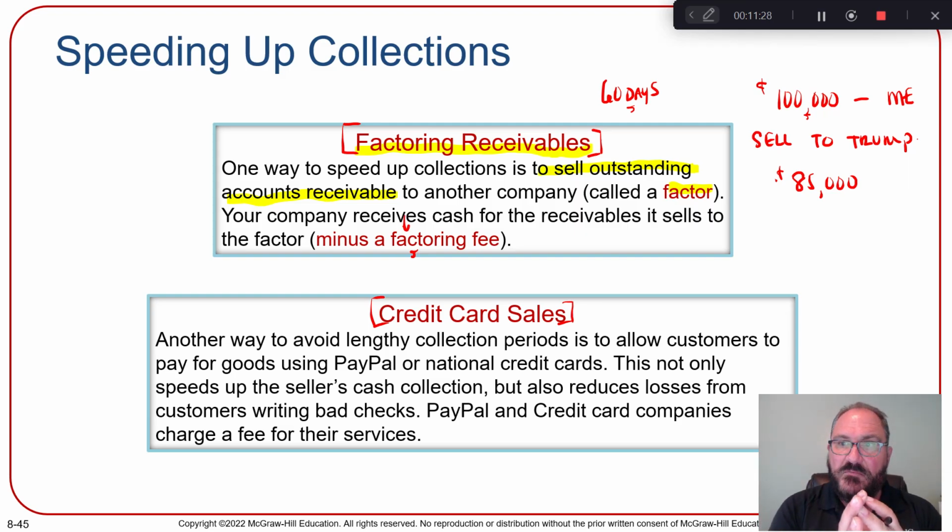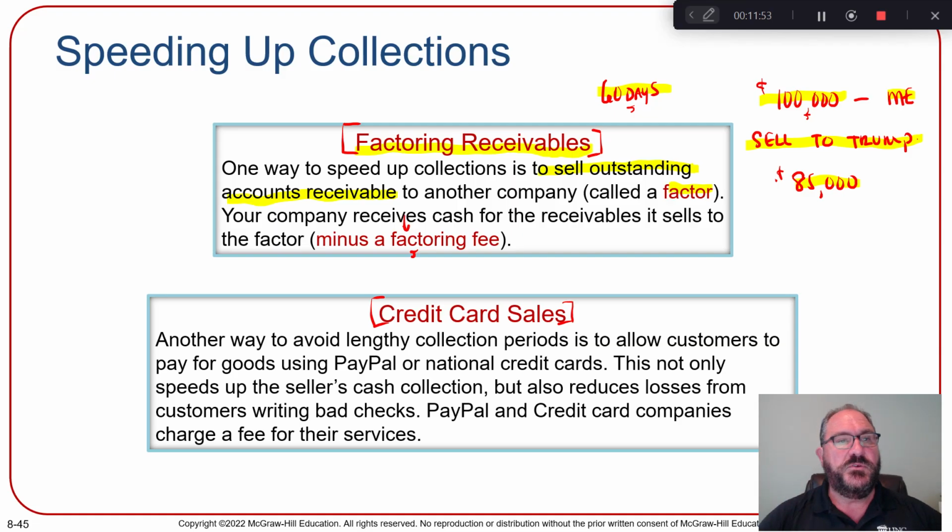You could sell it to somebody, they'll give you cash now and they'll wait the 60 days. For example, let's say somebody owed me $100,000, right? I could sell it to Trump for $85,000. He can wait the 60 days. He'll collect the $100,000, plus the interest, and I get the $85,000 now, okay?